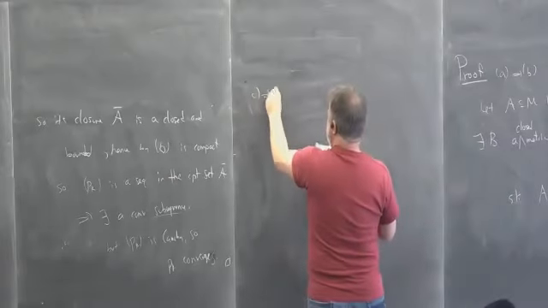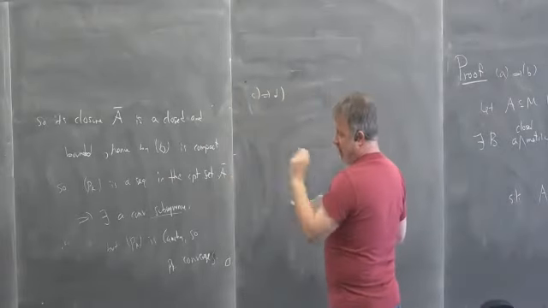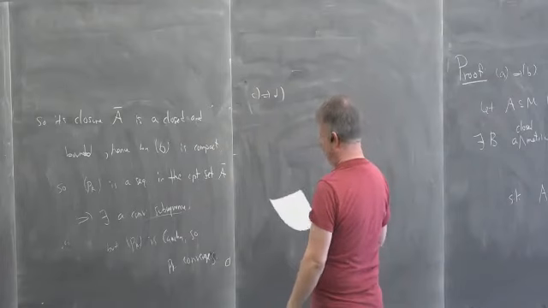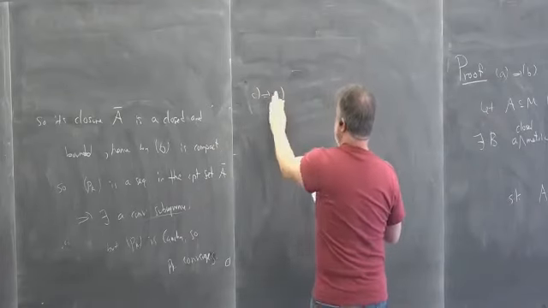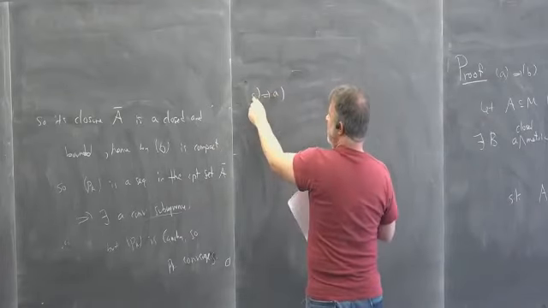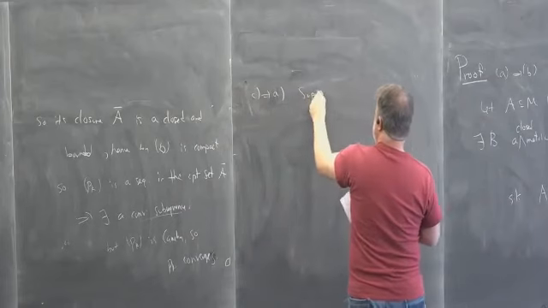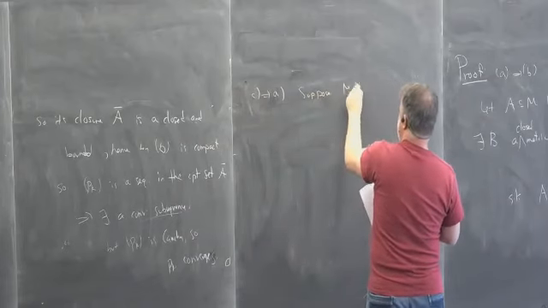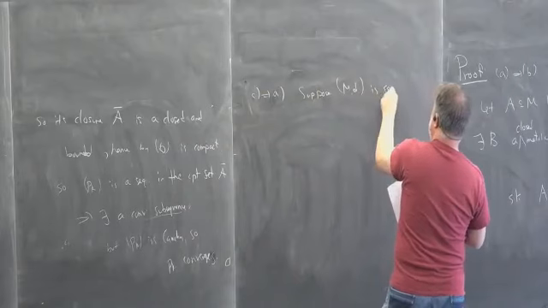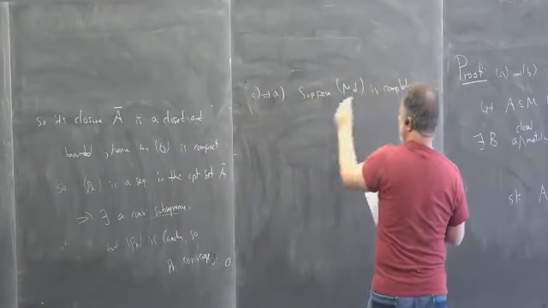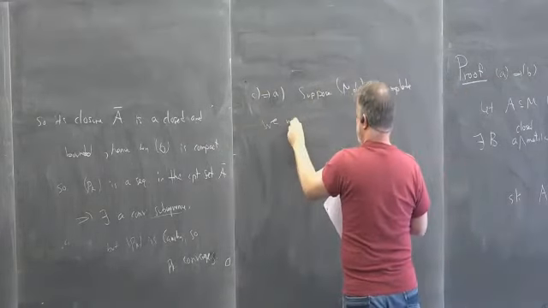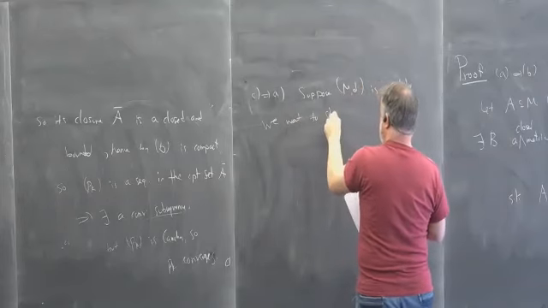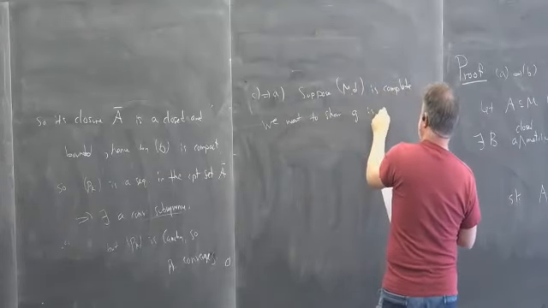C implies D. So C is that the metric space is complete, and no, sorry, I want to do C implies A. Right, so suppose (M, d) is complete, we want to show that the metric is geodesically complete.